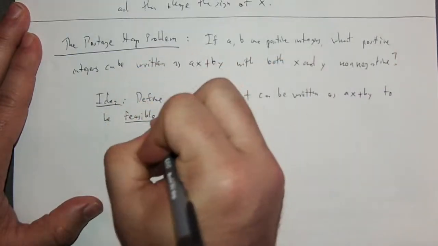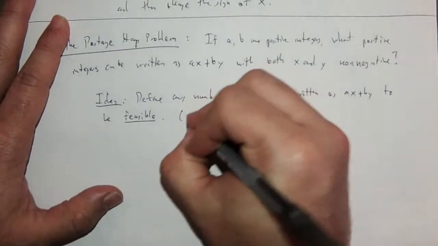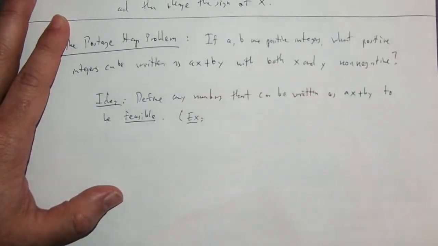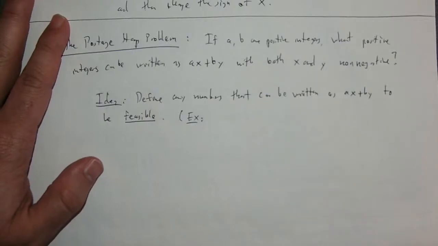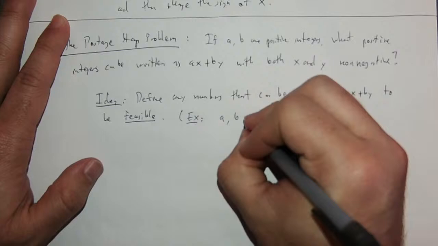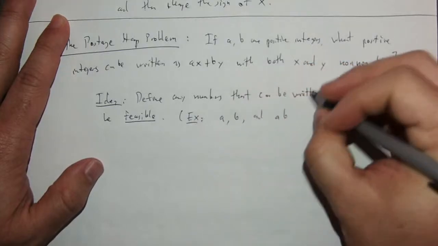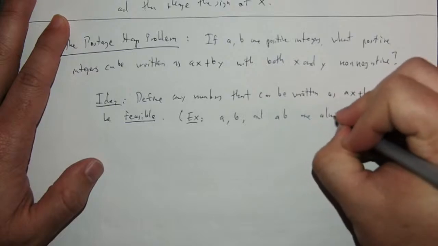That's the definition we're going to use here. So we're going to call numbers that can be written like this feasible. So for example, regardless of what a and b are, a, b, and ab are always feasible.